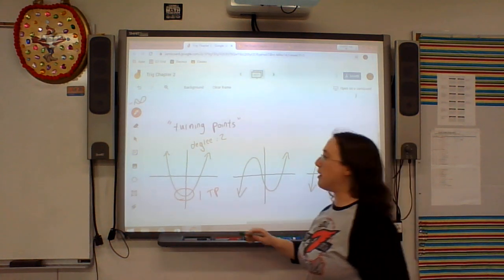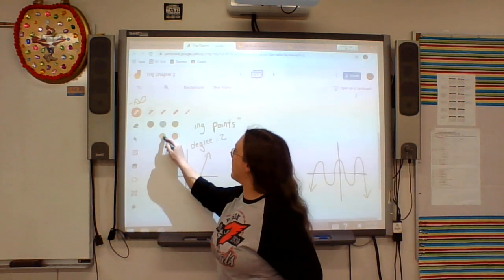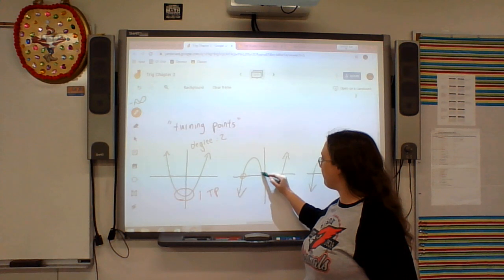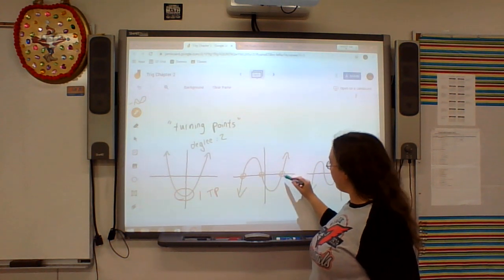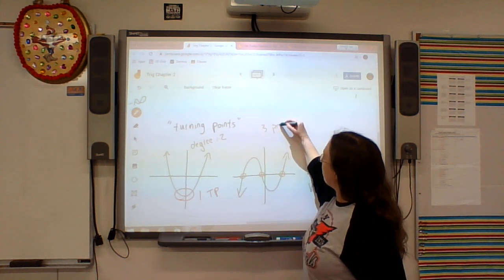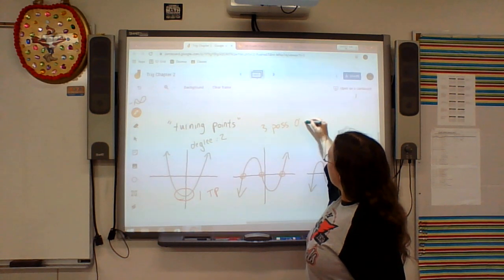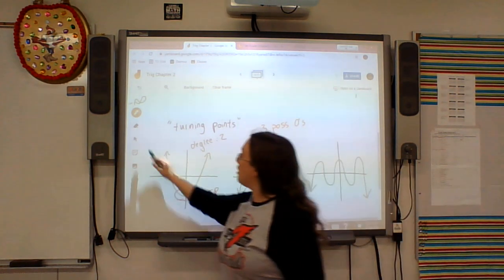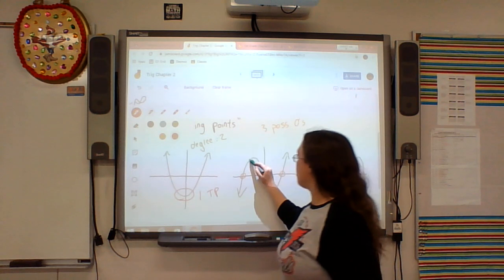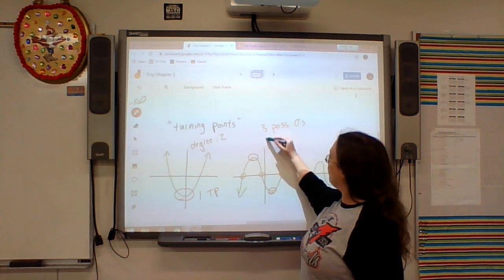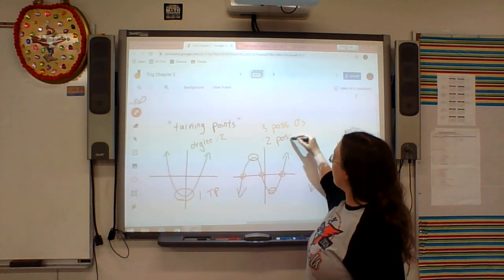If we have a cubic function, so we've got 3 possible x-intercepts, so 3 possible zeros, we've got 2 turning points. So we've got two possible turning points.